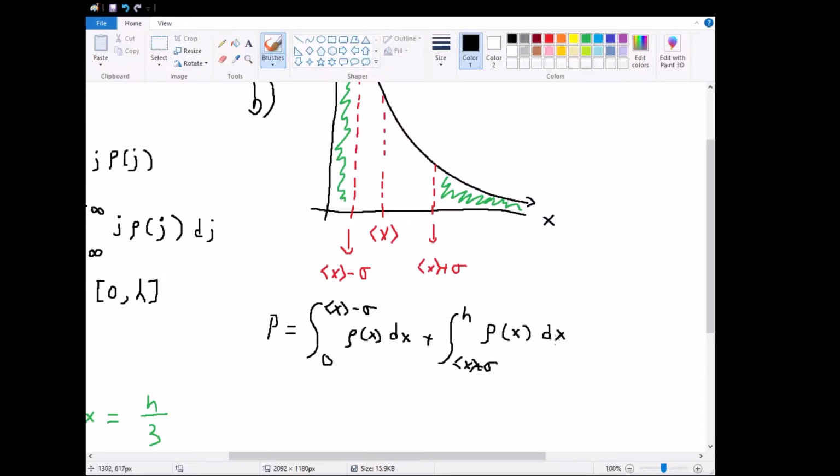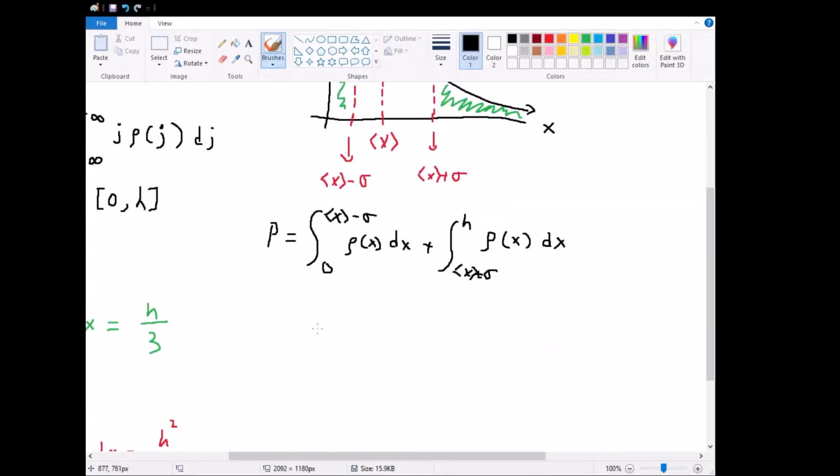And this is 2 integrals. We can actually simplify this a little bit, make our lives a little bit easier, if instead we define this as 1 minus the integral from x minus the standard deviation to x plus 1 standard deviation of rho of x dx.